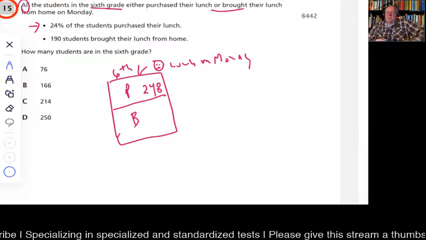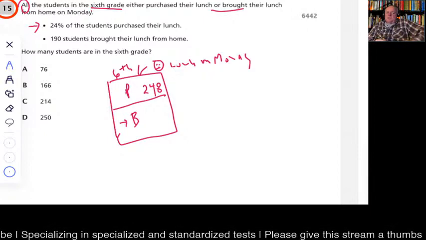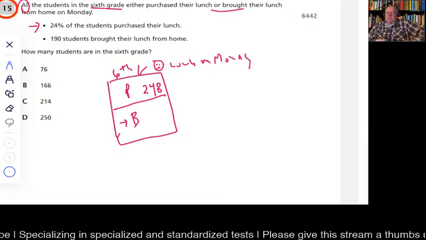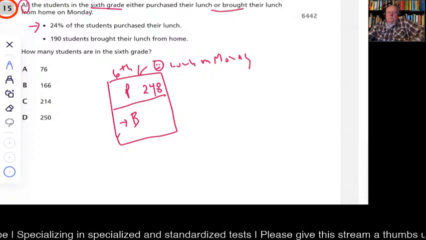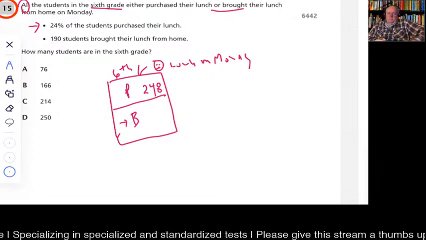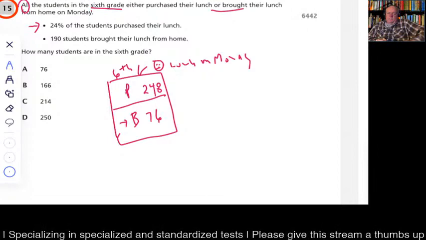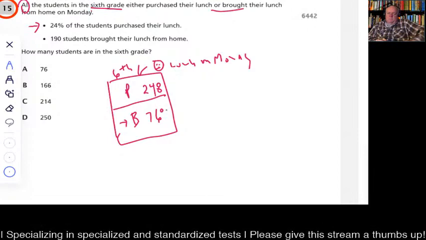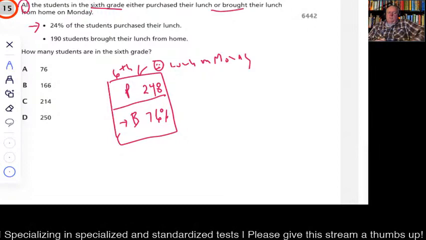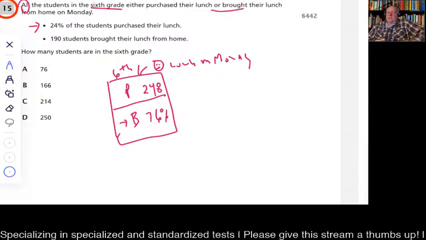So they must be in this category here. So it's 100% minus 24% gives us what? What do we get there? 76%? Right? So about 25% bought it and about 3/4 didn't buy it.